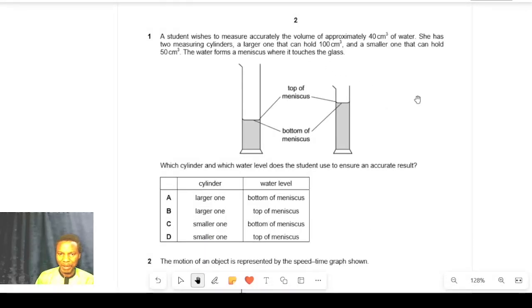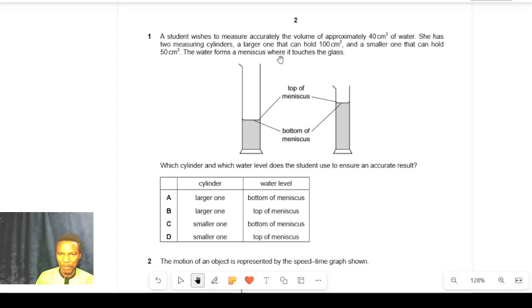Alright, question number 1. A student wishes to measure accurately the volume of approximately 50 cm³ of water. She has two measuring cylinders: a large one which can hold 100 cm³ and a small one that can hold 50 cm³.